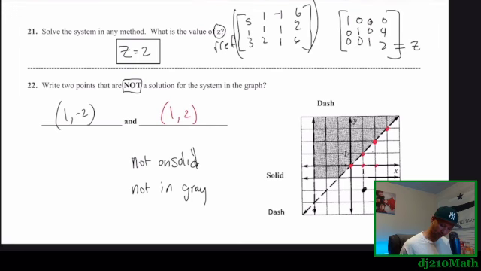So yeah, it could be on this solid line. This is the X-axis. It's not. So really, any of these, right? I feel like you get the picture. So any of these right here. You choose any of these, you're good.